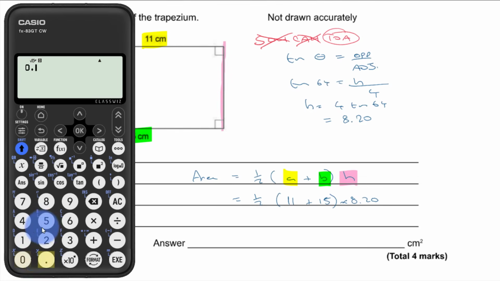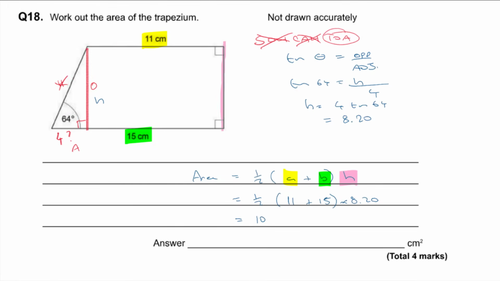So it's 0.5 times 11 plus 15, that's 26. So 0.5 times 26 times answer. That comes out to be 106.6, which I'm going to round off to 107 centimeters.